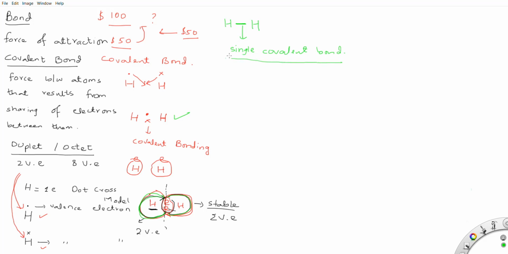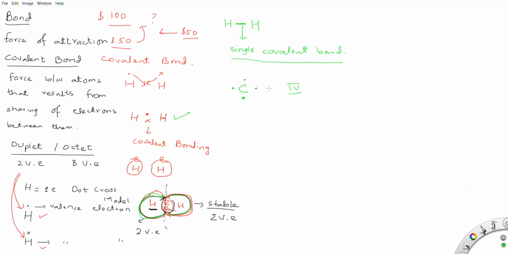It might be a bonding between unlike atoms, such as, let's consider carbon. Carbon has four valence electrons. I'm using dots. Now, how would I know that it has four valence electrons? That is again from the knowledge of the periodic table, and since it belongs to group 4, all the elements of group 4 have four valence electrons.